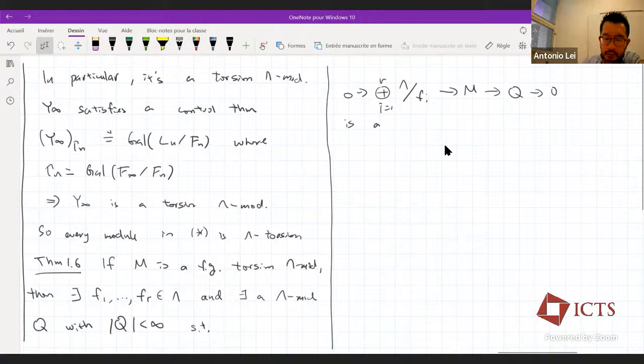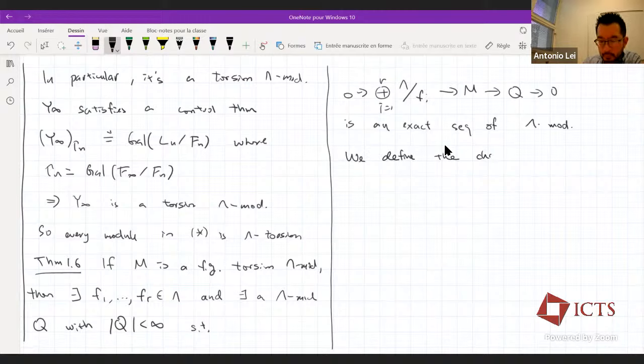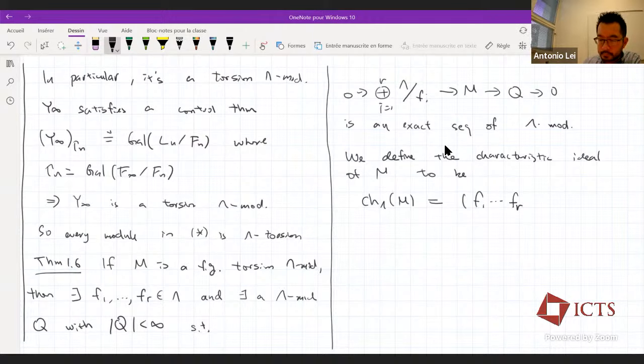This is an exact sequence of lambda modules, and then we define the characteristic ideal of M to be the ideal generated by the product of these elements.